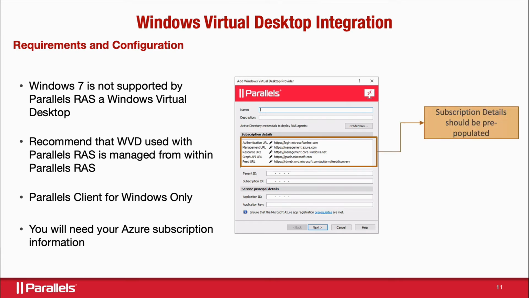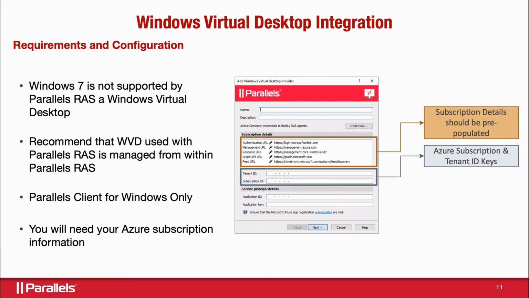This part, as I mentioned, the subscription details should be pre-populated, so you shouldn't have to worry about at least filling that in. The tenant ID and the subscription ID are just your Azure identification keys, right? So those are up to you. You should have those and know where to get them. The application ID is the actual application ID itself.